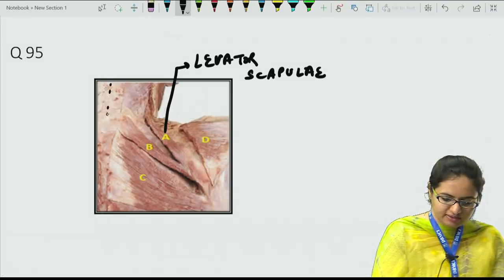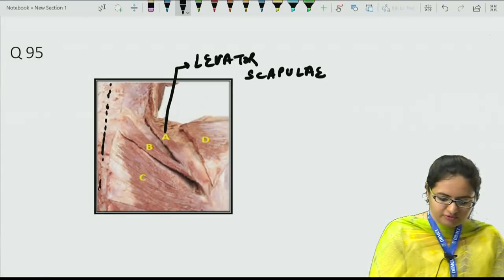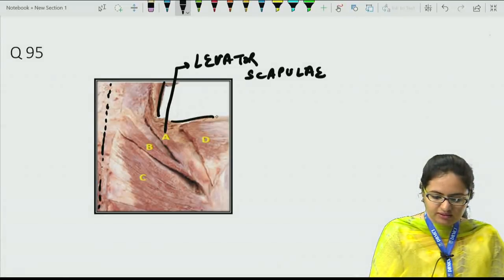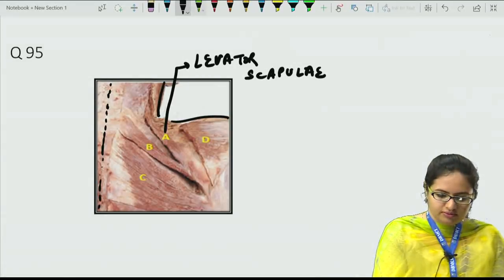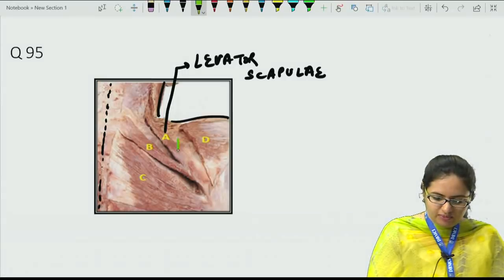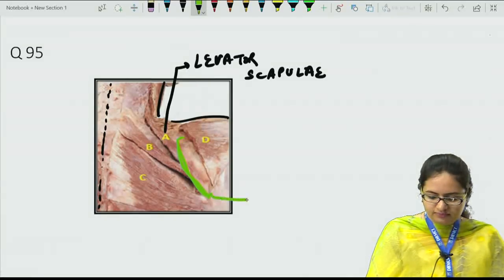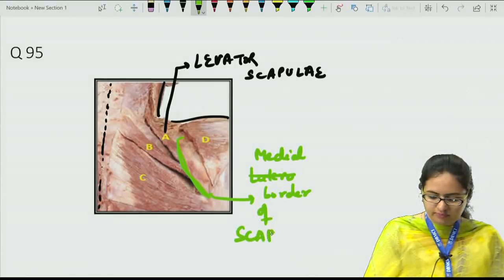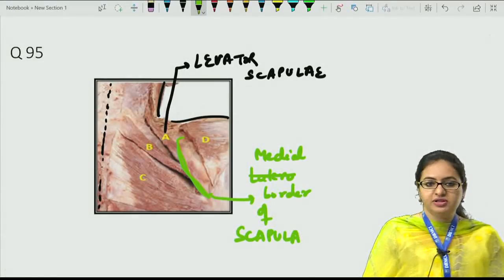Over here, this is the midline, where the vertebral column is present. This is the neck area, and this is the lateral border of the scapula, and the medial border of the scapula.